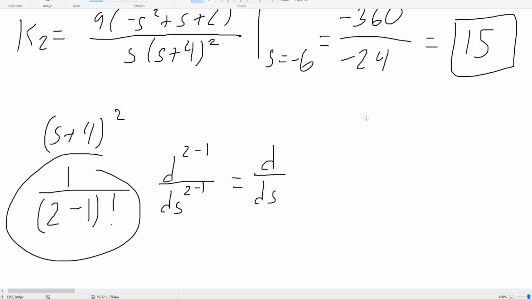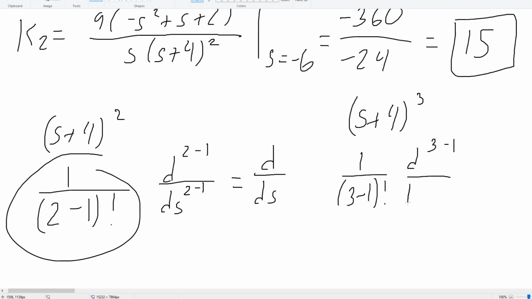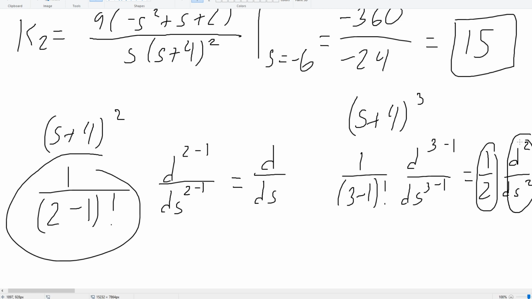If you're only doing squares, then it's just going to be one derivative. Now, if you're doing something like a higher order one, s plus 4 cubed, the equation will look a little bit different. So it would be 1 over 3 minus 1 factorial, d to the 3 minus 1 over ds to the 3 minus 1. And this will turn into 1 half d2 over ds2, which just means that, well, this is just a constant 1 half, but this over here, it means that you're going to be taking two derivatives. Now, most likely, he's not going to do that on the final.